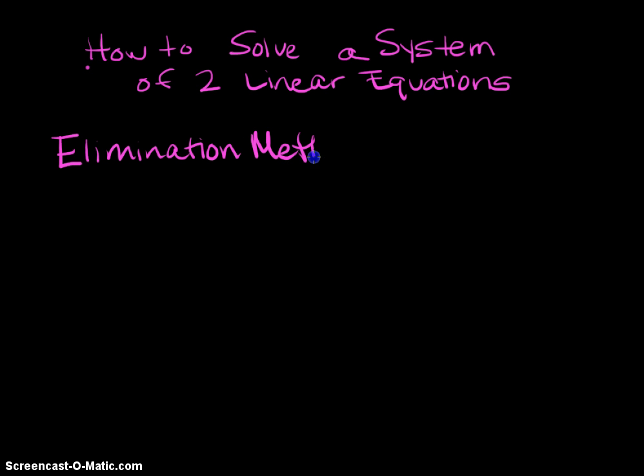Okay. And before we get into any examples, I want us to think about what it means to eliminate. We see this word in the word elimination, we see this word eliminate. And eliminate in mathematics terms, we want to get rid of something. And typically when we get rid of something, that means we zero something out.